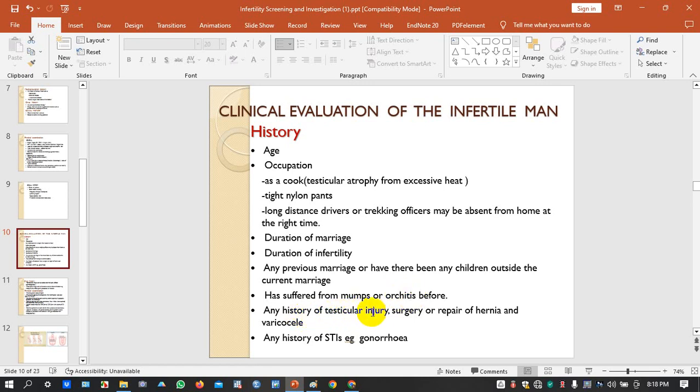Any history of testicular injury? Has there been any history of the man being injured, the testicles being injured? Or have they removed the testicles, or have they done a hernia repair on the man, or varicocele repair? Varicocele is the varicose veins of the man, you know, the pampiniform plexus that I showed you.